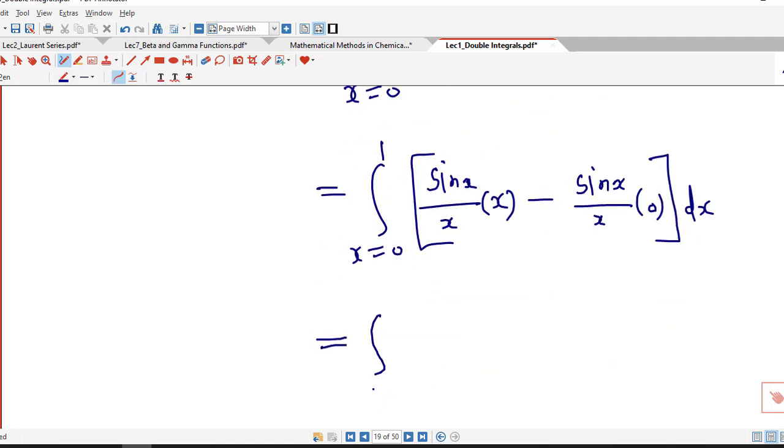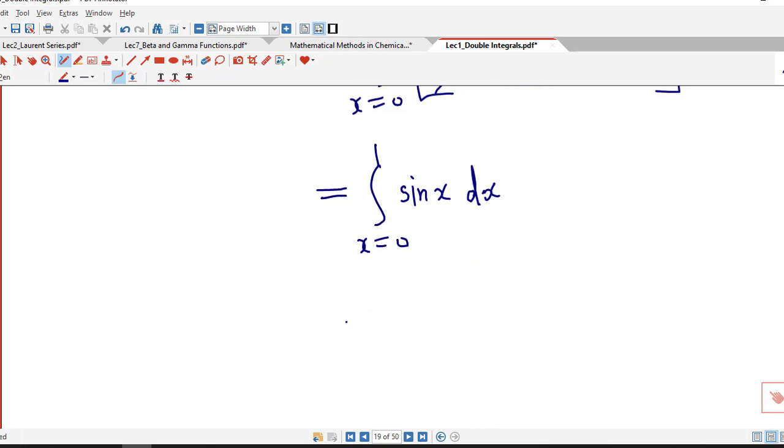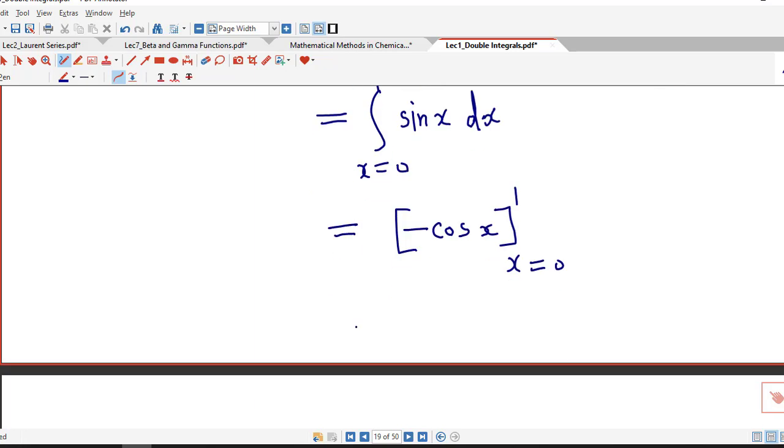We can see here in the first term this x will cancel out and we have sin x, and because of 0 in the multiplication, the second term becomes 0. Now this is a simple integral. We know that the integral of sin x is minus cos x, so x is from 0 to 1.